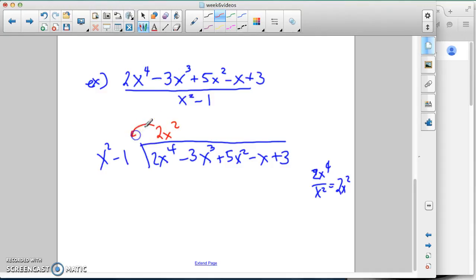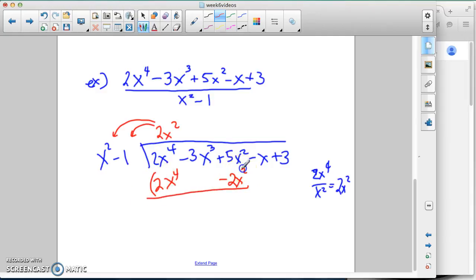So that's our first term that we're going to write up here, 2x squared. We're going to do that multiplication that we always do. So we're going to have a 2x to the fourth minus 2x squared. Now, that wouldn't go under this term because this is an x to the third power. So we need to move our second multiplication over and write it underneath our x squared term, because that's what we're going to subtract it from.